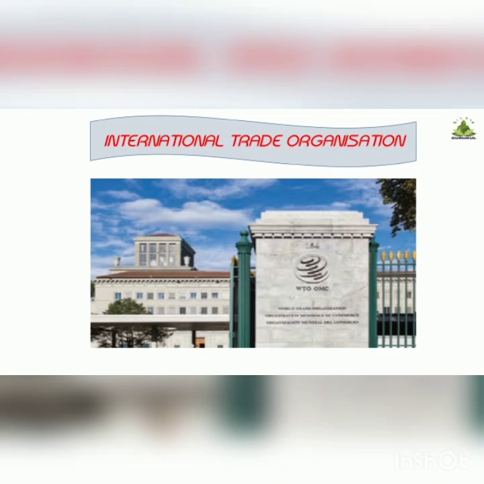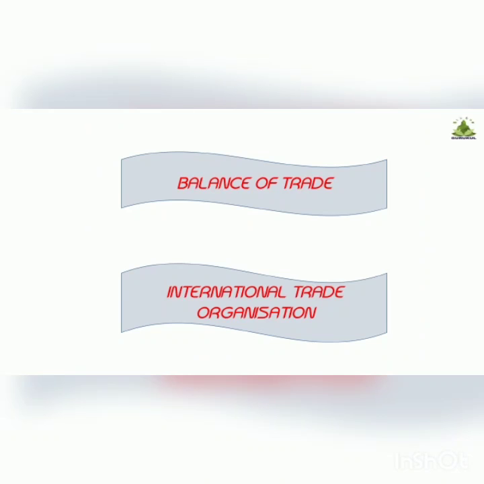So this is the main reason why the international trade organizations came up, to smoothen and justify the process of trade between countries of different economic standings. Some international economic organizations were formed. These organizations worked towards the facilitation and growth of international trade.